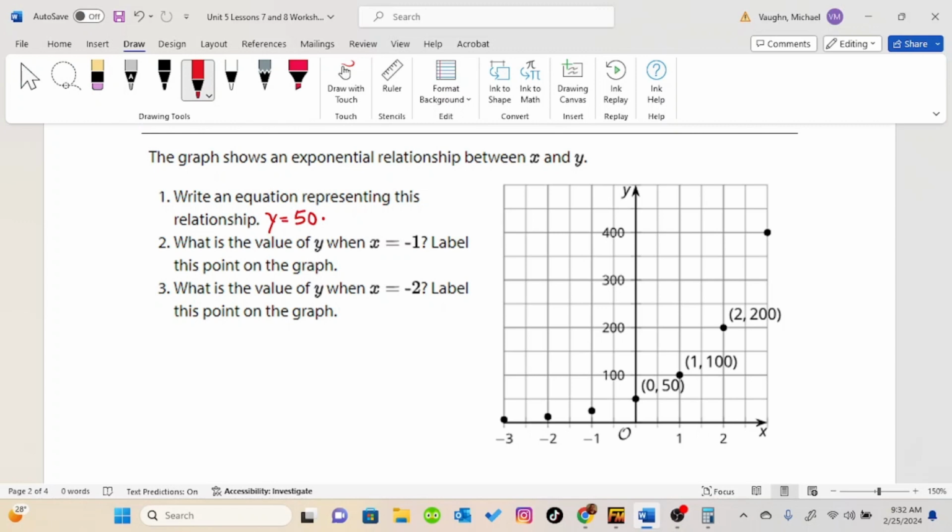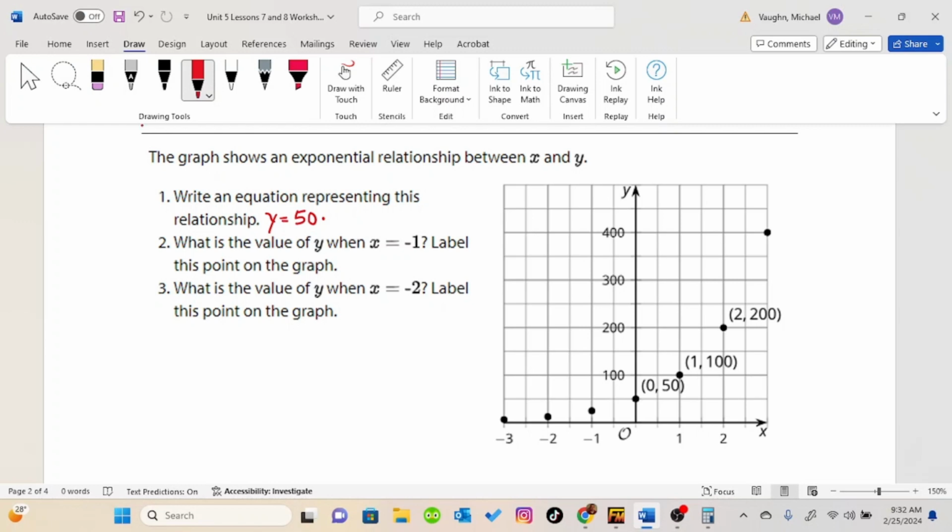Now it might be obvious to some that our factor is 2, because we multiply 50 by 2 to get 100, and we multiply 100 by 2 to get 200. If it wasn't obvious to you, you can do just like before.